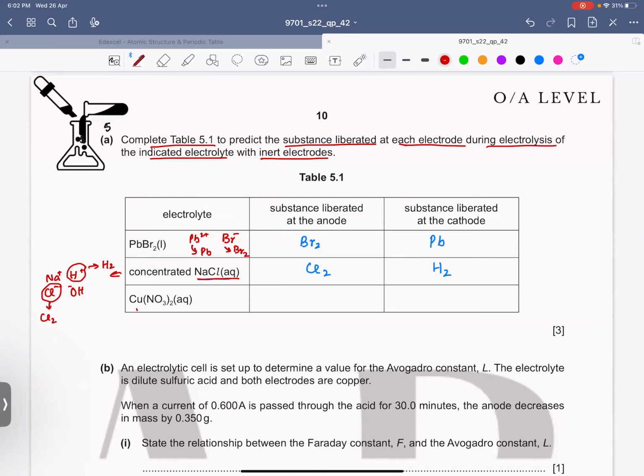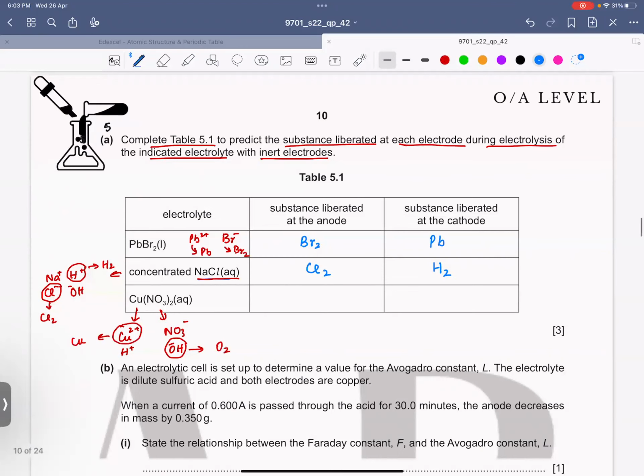Now, in this case, we have copper nitrate, where there are copper 2 positive ions and nitrate negative ions, and as it is aqueous, there must be hydrogen ions and hydroxide ions. Whenever there are nitrate ions or sulfate ions, hydroxide ion always oxidizes at the anode forming oxygen gas, and copper is lower in the reactivity series than hydrogen, so it reduces at the cathode forming copper metal.